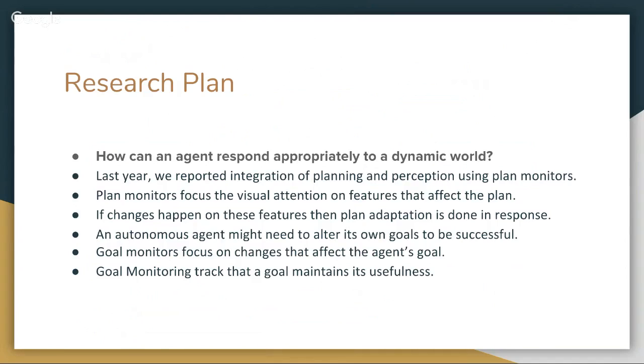Sometimes the agent needs to alter its own goal to be successful. So we use goal monitors here to focus on changes that affect the agent's goal, and these goal monitors track that the goal maintains its usefulness, and see if it needs to pursue the goal.